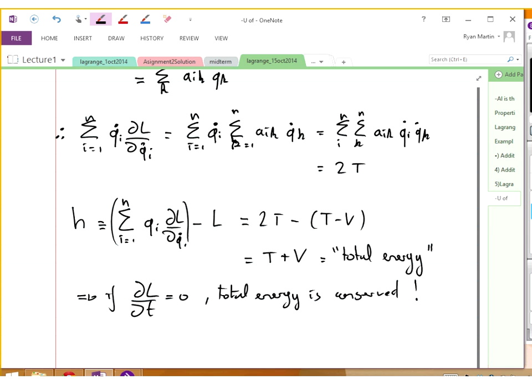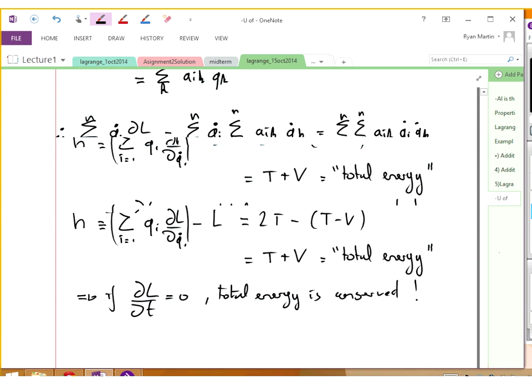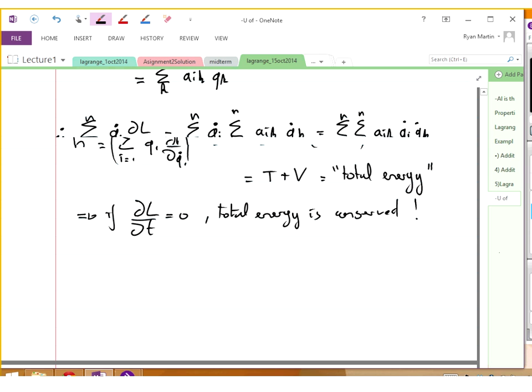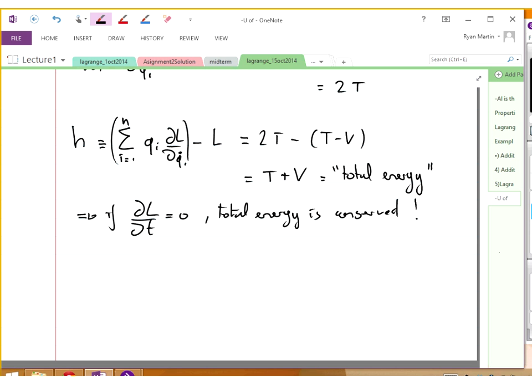And of course it makes sense that L can't change with time. If the gravity changes with time, then energy is not conserved, and otherwise it is. So conservation of energy, of course, is very important, and it simplifies solving for the equations of motion considerably when you can use it.